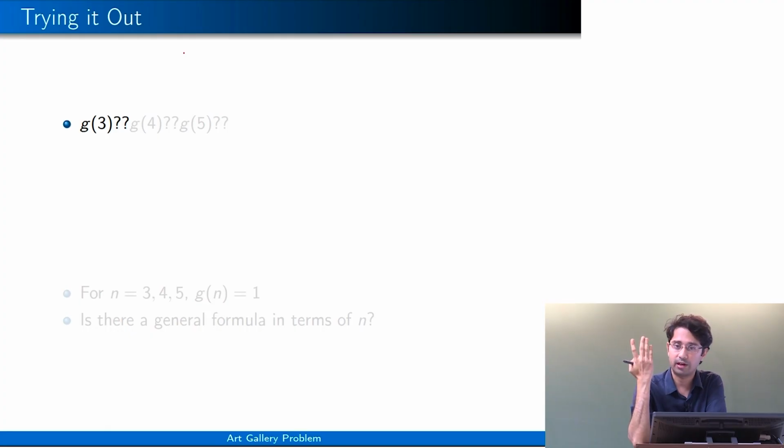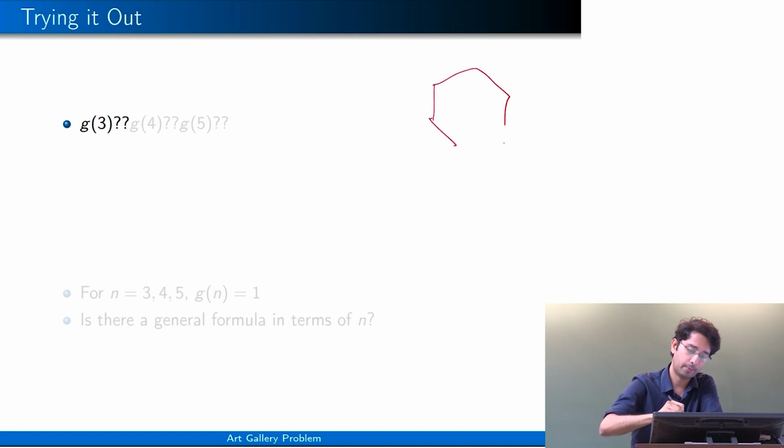It is a triangle. You take any triangle, you can always guard it with 1 vertex. Can we extend this? You take any convex polygon, how many guards are needed to guard a convex polygon? 1, right? Even something like this, 1 guard is always sufficient.